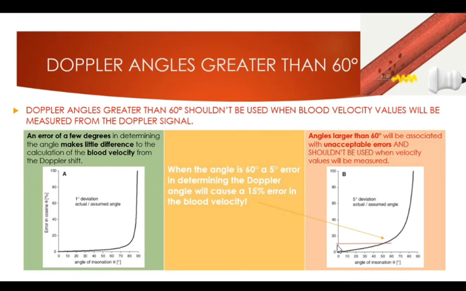So a 5 degree error in determining the Doppler angle at 60 degrees causes a 15% error in the blood velocity. That's why we have the general rule that angles larger than 60 degrees are associated with unacceptable errors, and they just can't be used when we're getting the velocity values from the Doppler signal.